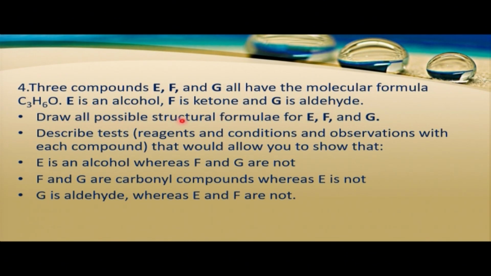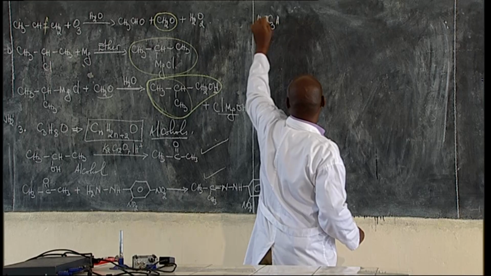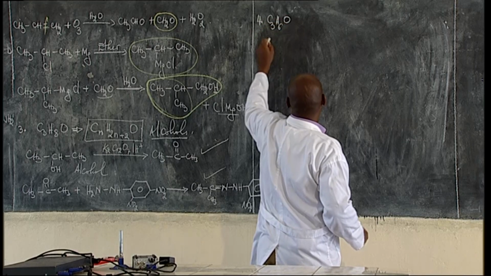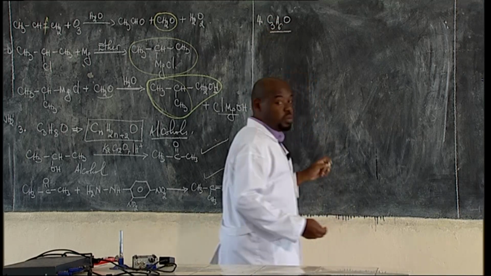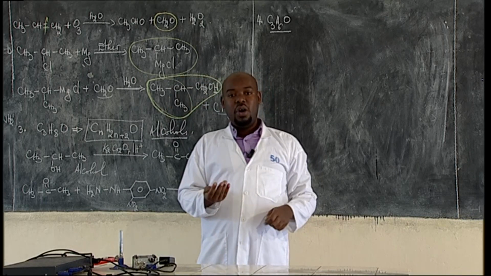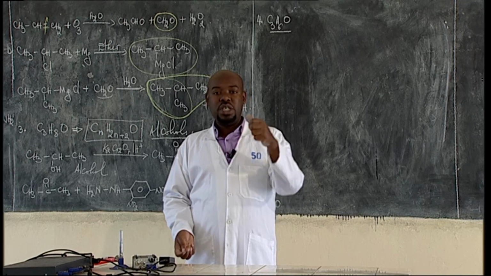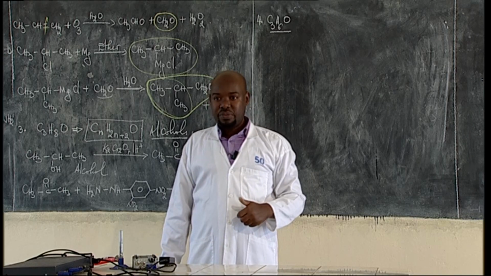Draw all possible structural formulas of E, F, and G. We have a molecular formula, that is question number 4. The molecular formula is C3H6O. This can represent aldehydes, a ketone, or an alkenol, an alcohol which contains a double bond.